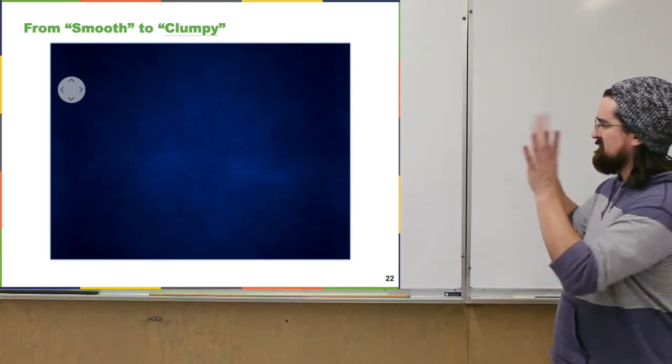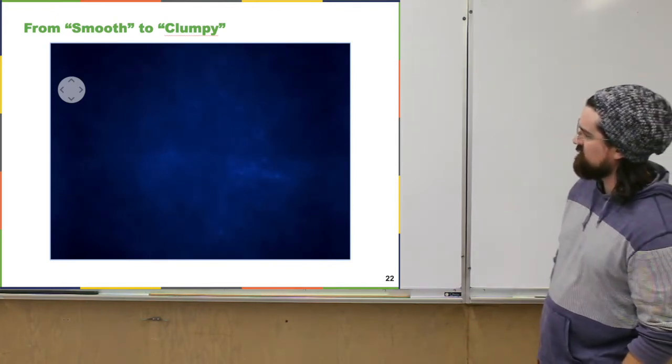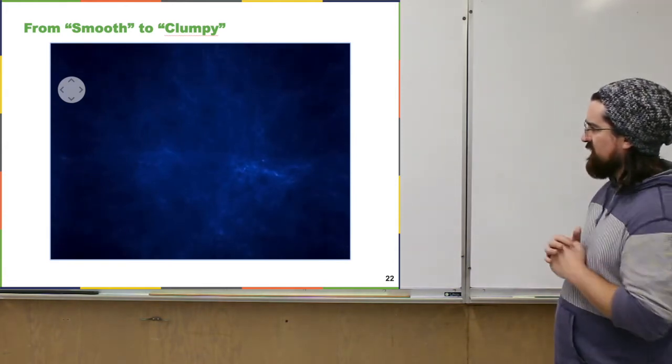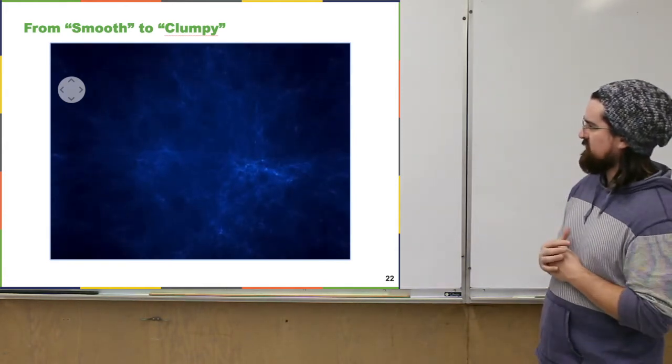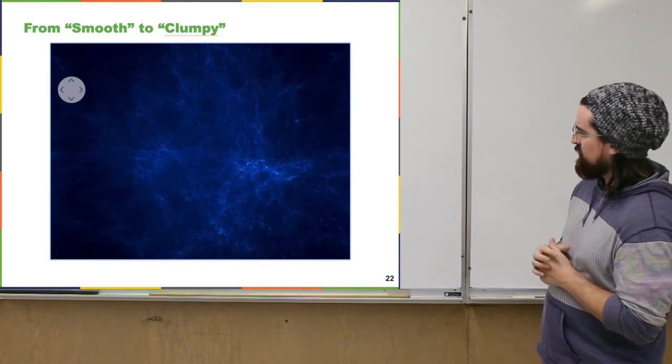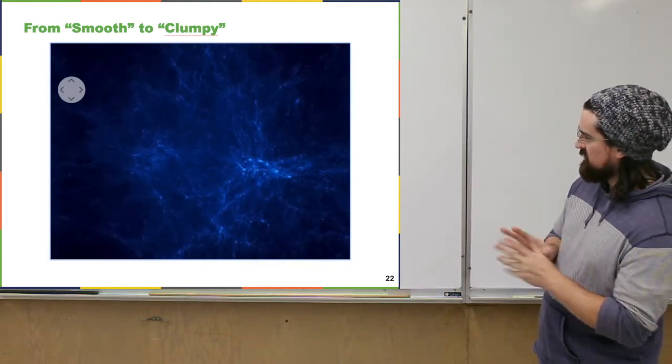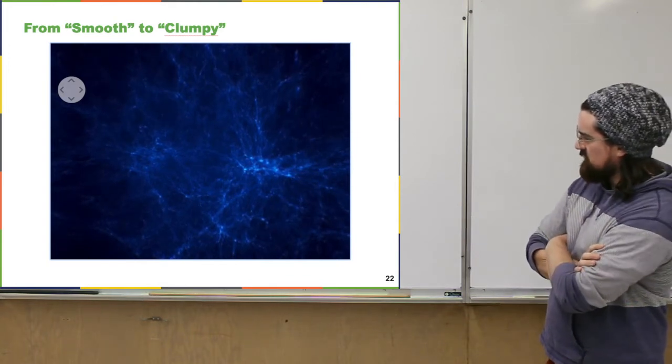This nice, fuzzy, smooth distribution, but slowly the tiny little variations in that smoothness are places where regular matter and dark matter start to come together and form galaxies.